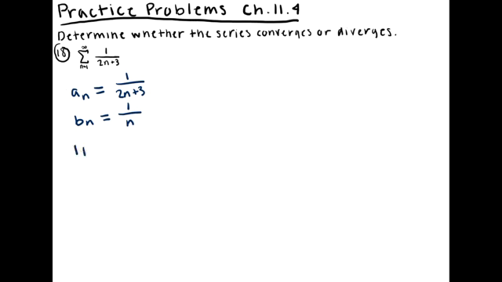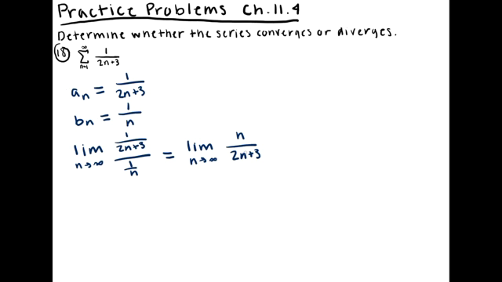So then you're going to take the limit as n goes to infinity of your a of n over your b of n. That will equal the limit as n goes to infinity of n over 2n plus 3.